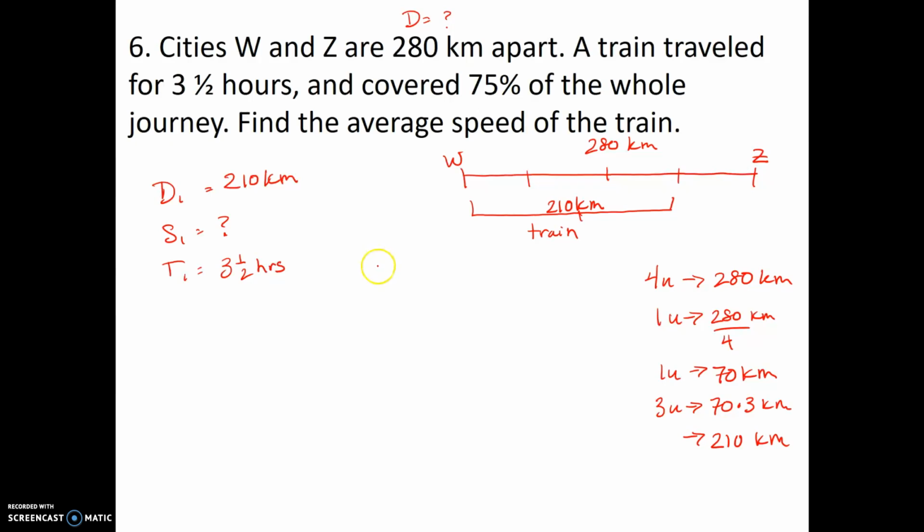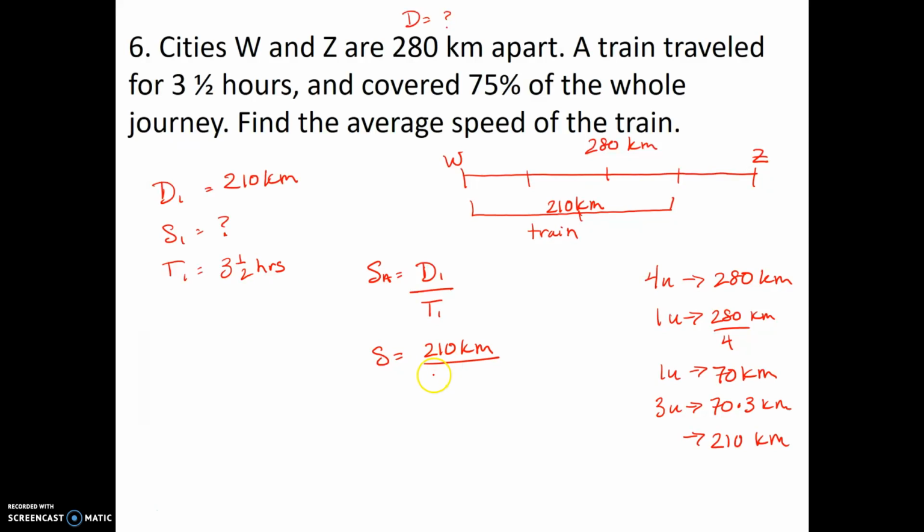Well, now we can find speed, no problem. So let's use our speed formula. The average speed is going to be distance over time. So 210 kilometers divided by 3.5.